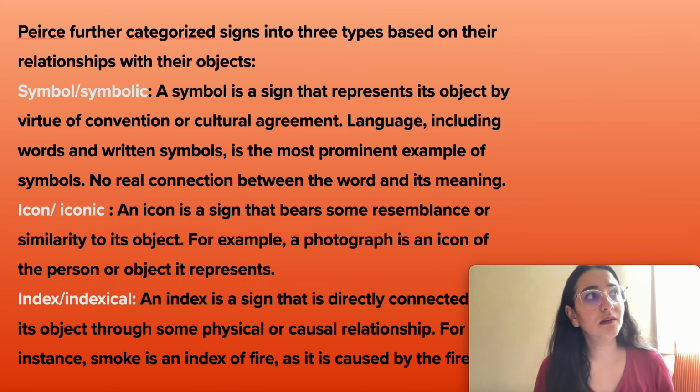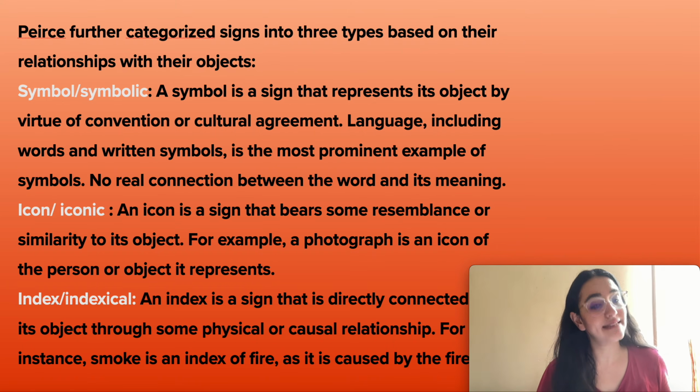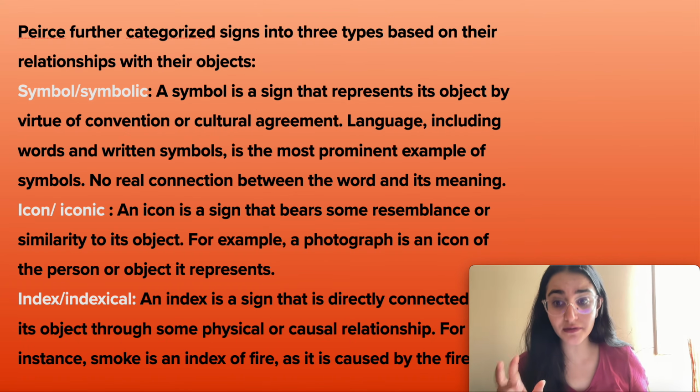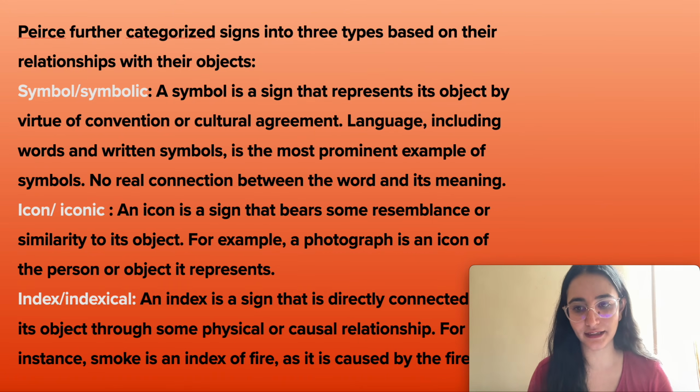For example, seeing a green light or a red light, you have to stop. It's because of the repeated usage and the rules that you know that by seeing the red light in the traffic signal you have to stop. There's no real connection between the red light and stopping, right? Second one is iconic. Now iconic says that there is some resemblance or some kind of a relationship between the signifier and the object that it represents.